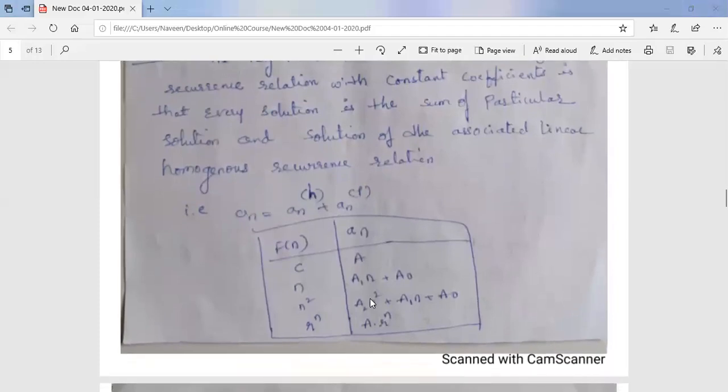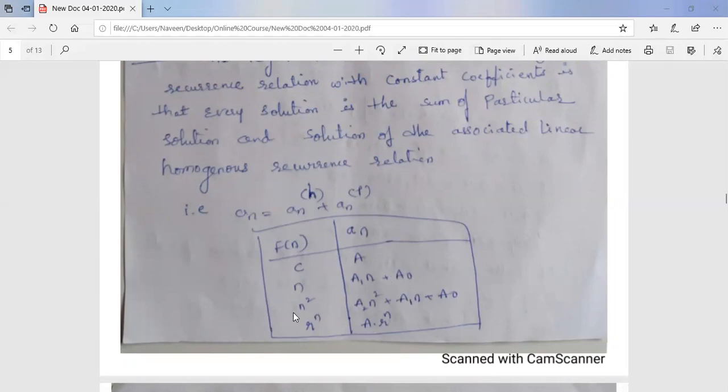To find the particular solution of a given linear non-homogeneous recurrence relation, you should remember the table. When f(n) is a constant, a_n will be equal to A. When f(n) is a polynomial in n of degree 1, a_n will be a1 n + a0.